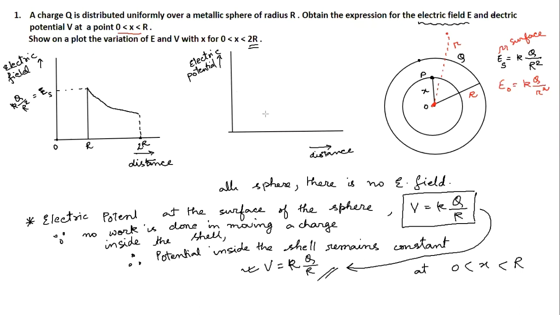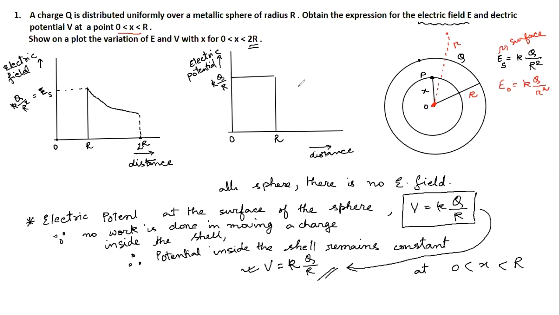But outside the metallic sphere, your potential value again decreases. As you can see here, this potential is inversely proportional to r. So the further you move away from your metallic sphere, the potential value gradually decreases. So you will have constant potential till distance r. Let's say this is that particular point, or you can say the radius of this sphere. This is my point O. So in this region you will have a constant value, and that is again nothing but kq by r.